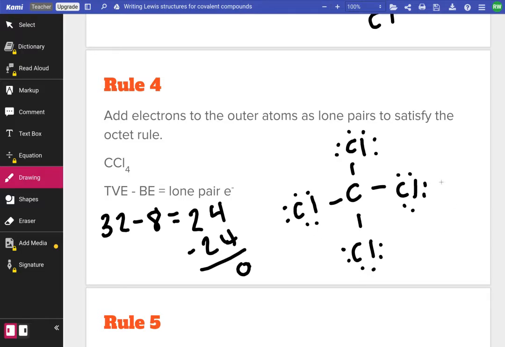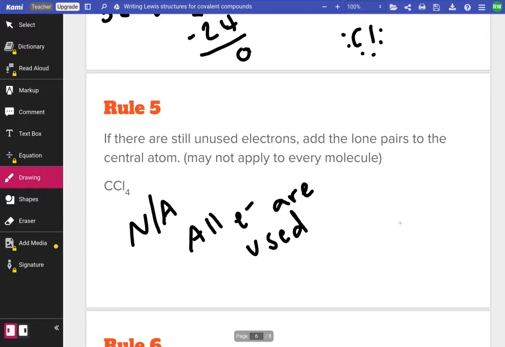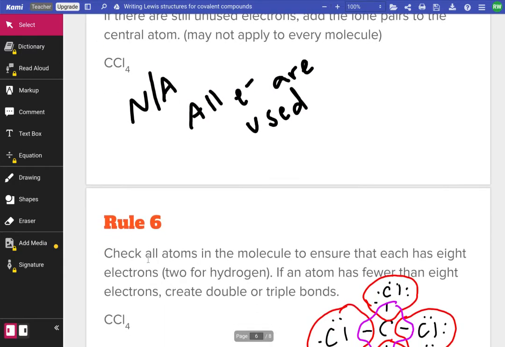I placed those 24 around the 4 chlorine atoms, and so I have 0 electrons left to place anywhere, because Rule 5 says if there are still unused electrons, you have to add those to the central atom. This may not apply to every molecule. I don't have any unused electrons, so this rule is not applicable here because all electrons are being used.